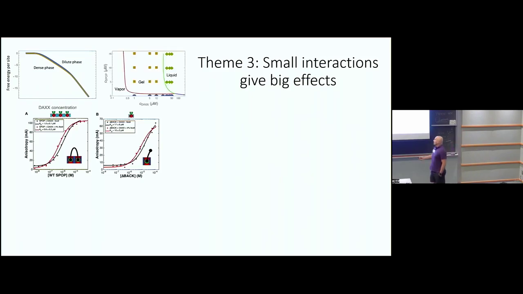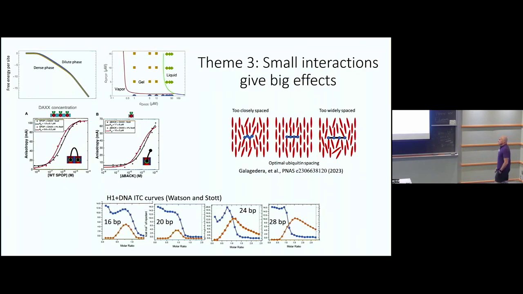But in fact, as soon as we plugged those parameters in the model, it nailed the phase diagram just right. We've seen the same sort of thing pop up over and over again. We see these DNA titration curves here, where just these tiny little perturbations in the length of the DNA give qualitatively different shapes in the titration curves.